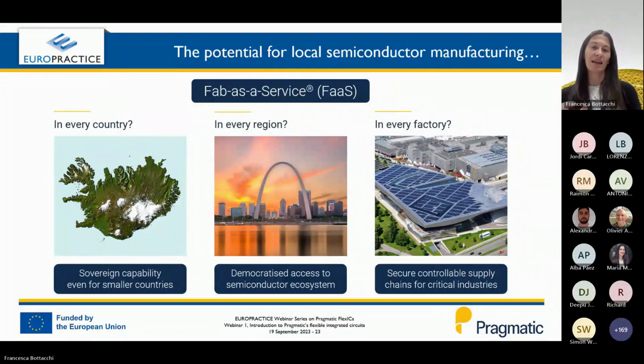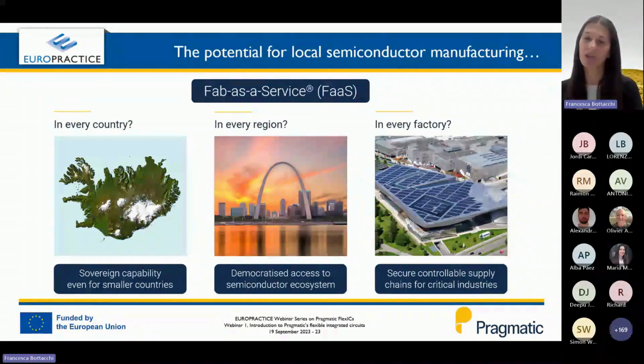We can enable every country to have some sovereign capability of semiconductor manufacturing. Every region, if you have a local need because of a special ecosystem, can have a semiconductor fab in a specific region, or even inside an existing factory. Being so small and also affordable compared to silicon, even a strategic and critical industry can buy a fab and place it inside their own factory to have a secure and controllable supply chain.